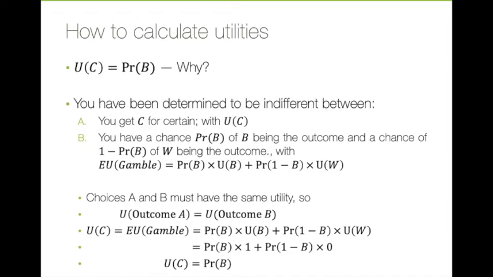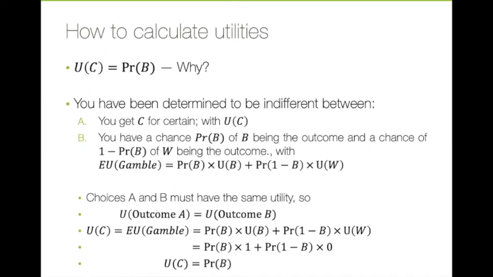So remember, the scale from worst to best was 0 to 1, and that was just like our probability scale. So that already tells you that there's going to be some numeric correspondence between utility and probability. Then we're going to end up using our expected utility formula and the fact that we're indifferent between these two choices to show that the utility of C is the same number as the probability of B.